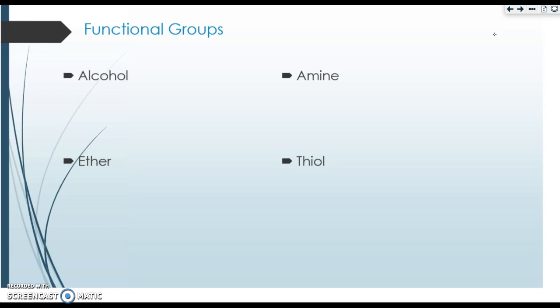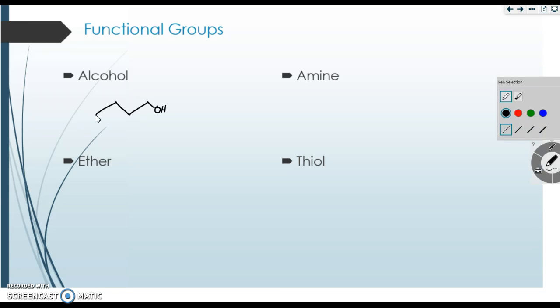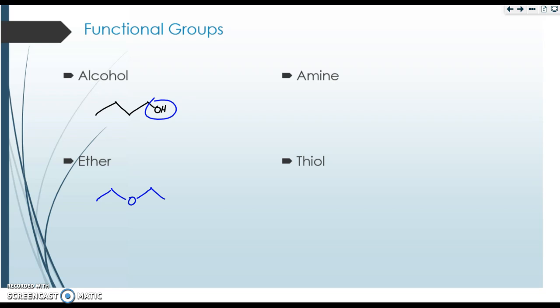These are the remaining functional groups you're responsible for. They do not have a carbonyl group. So here's an example of an alcohol. Okay, the alcohol is just the OH connected to a regular carbon. Okay, an ether is actually an O in the middle of a chain connected to carbons.